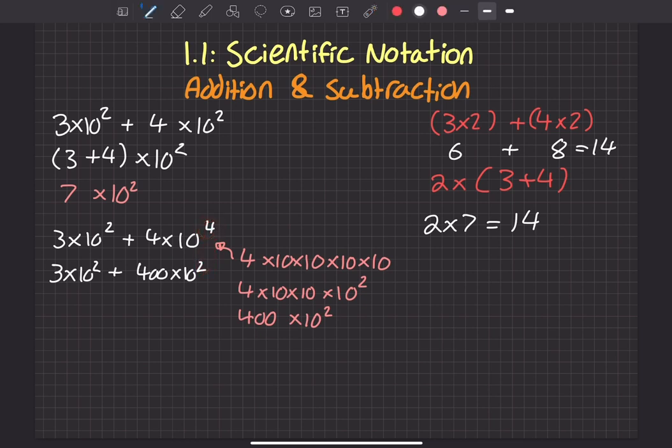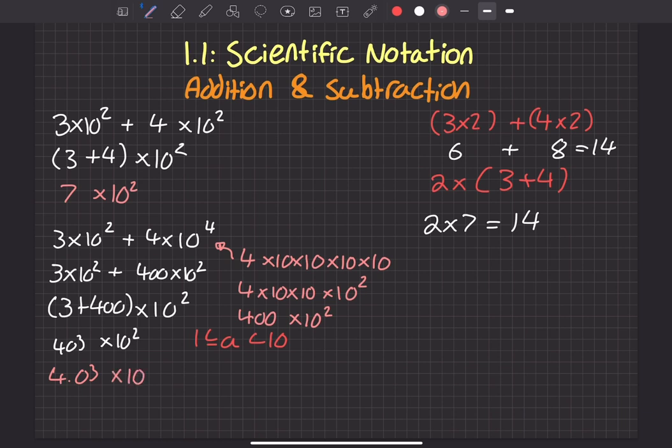So anyways, now that they're the same base, we can just add them normally. 3 plus 400. And this is multiplied by 10 to the power of 2. And this will give you 403 times 10 to the power of 2. And obviously we know that for scientific notation it has to be between 1 and 10, which means that this 403 here, we're going to have to change it to 4.03, because 4.03 is bigger than 1, smaller than 10.